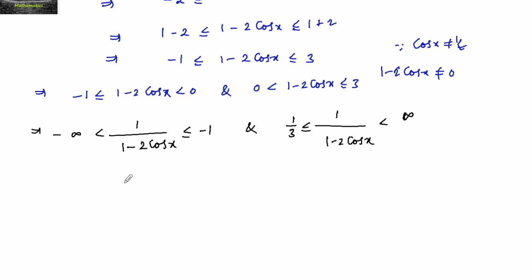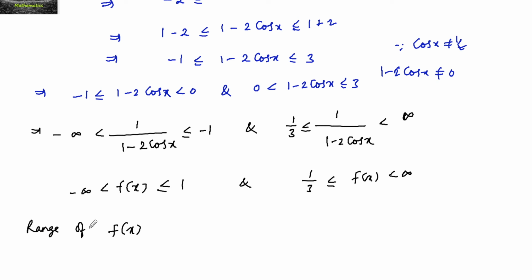That is, f of x lies between minus infinity and minus 1, and 1 upon 3 is less than or equal to f of x is less than infinity. So the range of f of x can be taken as minus infinity to minus 1 closed, union 1 by 3 to infinity.